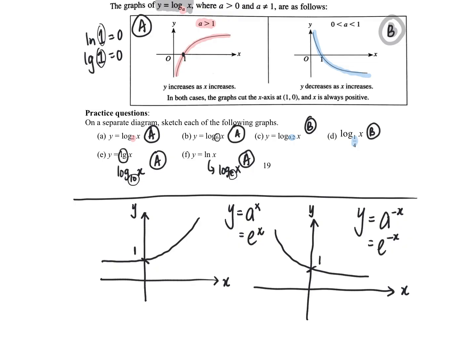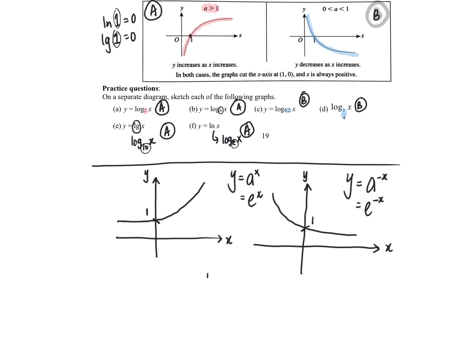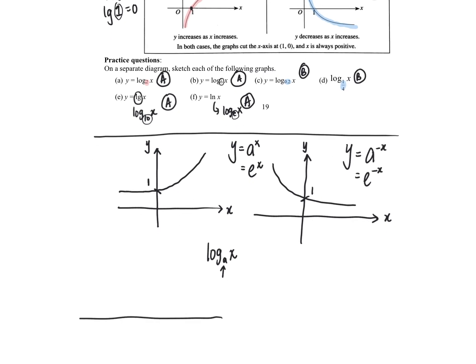But for the log graph, take note, we are only particular about this. If A is greater than 1, then your shape is like that, and it always passes through 1. If your A is between 0 and 1, then it's the other side.